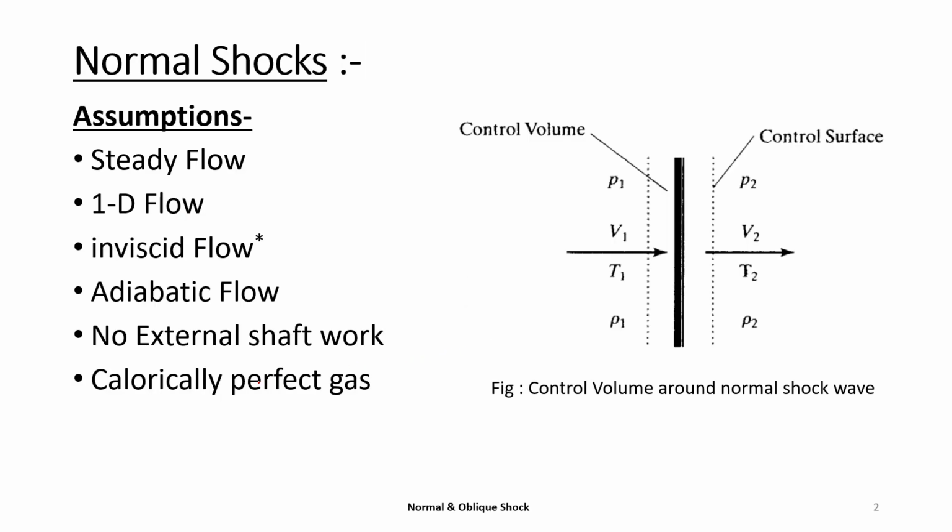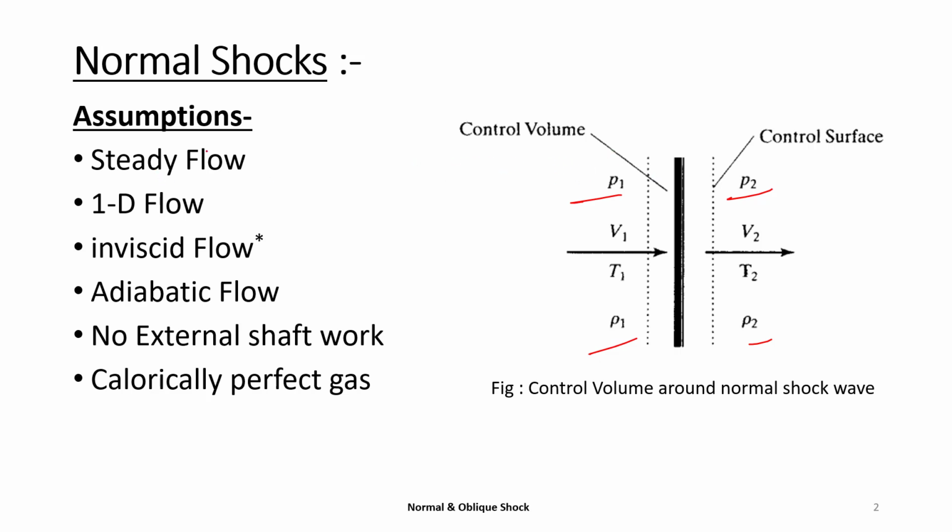So first we will talk about what is normal shock. So normal shock is a discontinuity in a space when there is drastic change in the flow properties like change in pressure or change in density. And there are some assumptions related to this normal shock which we take.